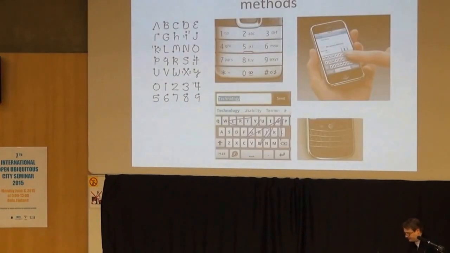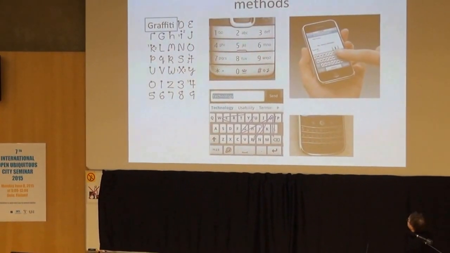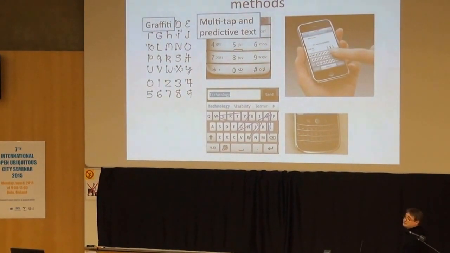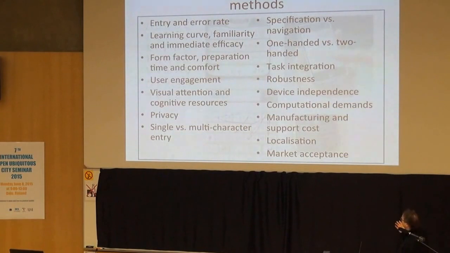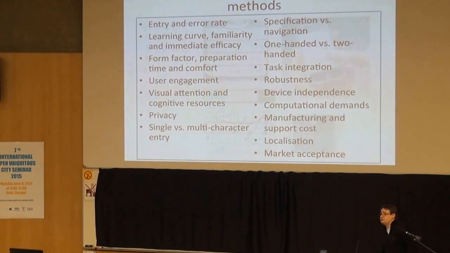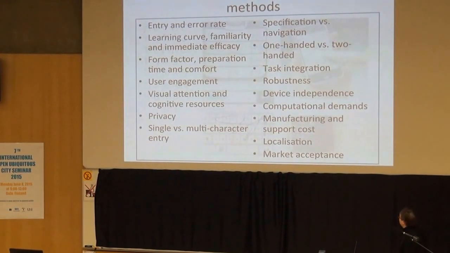There have been basically 5 successful mobile text entry methods in the past. We have the Graffiti system, multi-tap and predictive text, which some of you might remember, touchscreen keyboards, gesture keyboards, and physical thumb keyboards. There are about 23 different design dimensions of mobile text entry if you survey them all, which I have done.